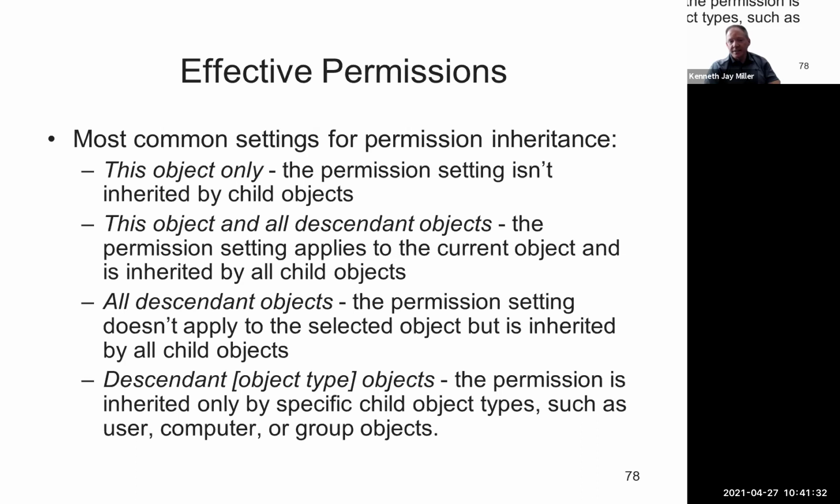And descendant object type objects, where the permission is inherited only by specific child object types. So you could say only user accounts will inherit this, or only computer accounts, or only groups will inherit certain things. Okay. So as you can tell, we said scalability and flexibility are a big part of a directory structure. This is where all of that comes into play, with the permissions that we can set.